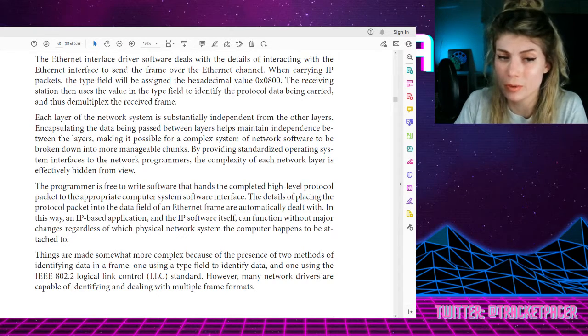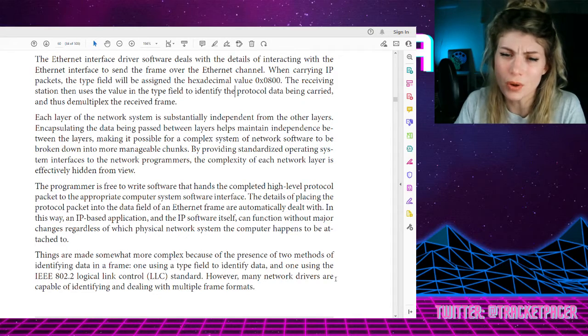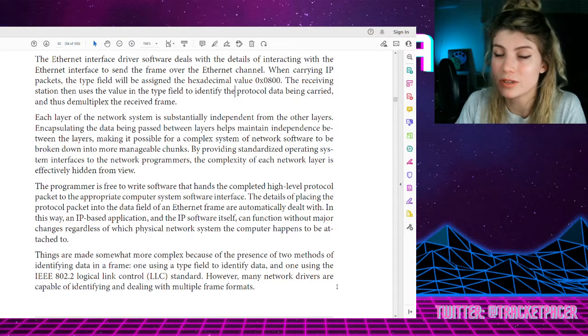The programmer is free to write software that hands the completed high-level protocol packet to the appropriate computer system software interface. The details of placing the protocol packet into the data field of an Ethernet frame are automatically dealt with. In this way, an IP-based application and the IP software itself can function without major changes, regardless of which physical network system the computer happens to be attached to. Very cool.